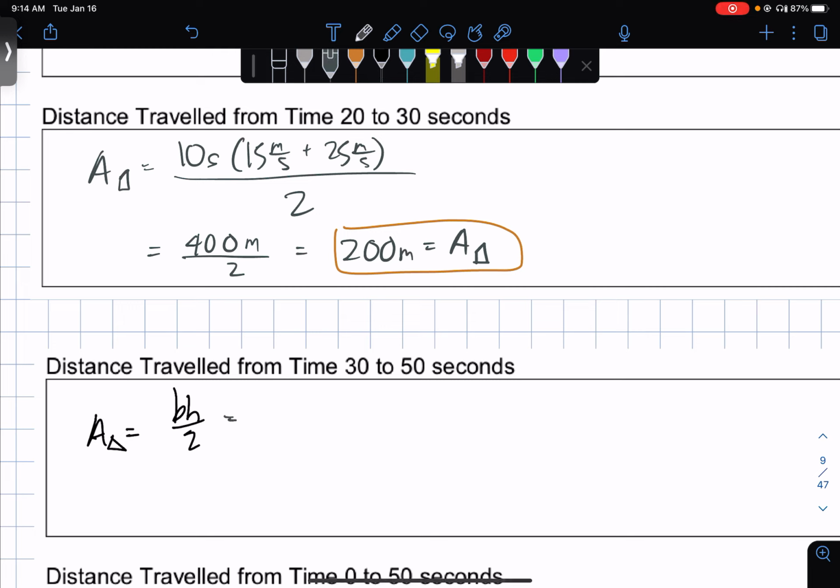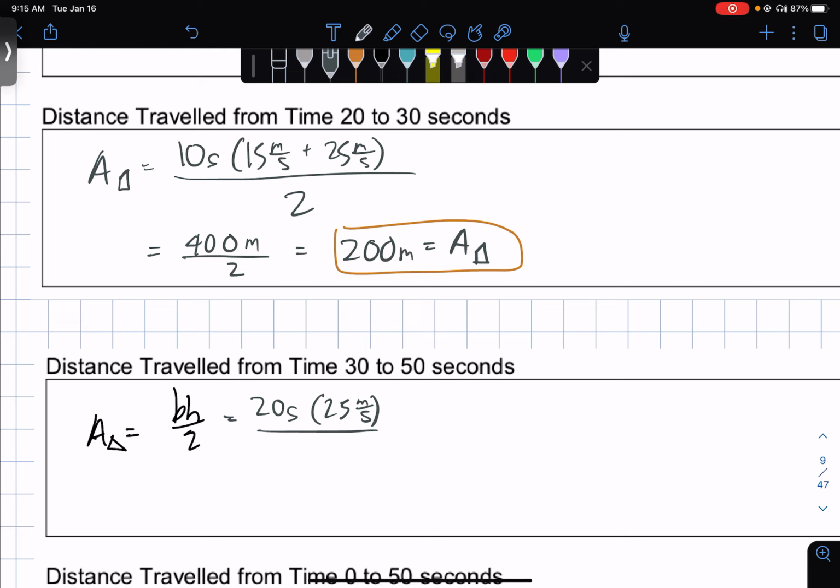The base is 20, the height is 25, 20 seconds. And then since the y-axis represents the time in hours, and the height is the speed in meter per second, which is 25.